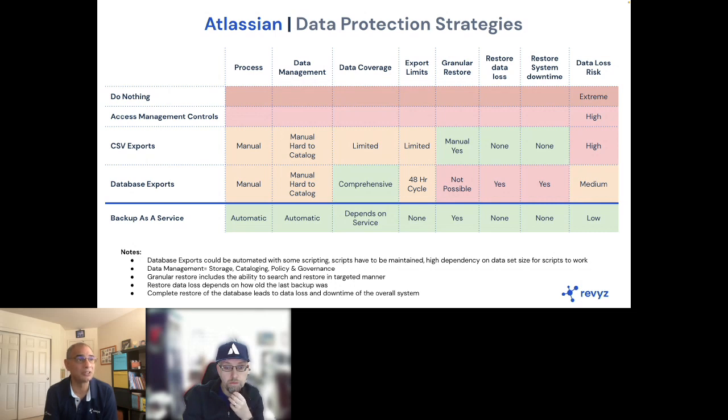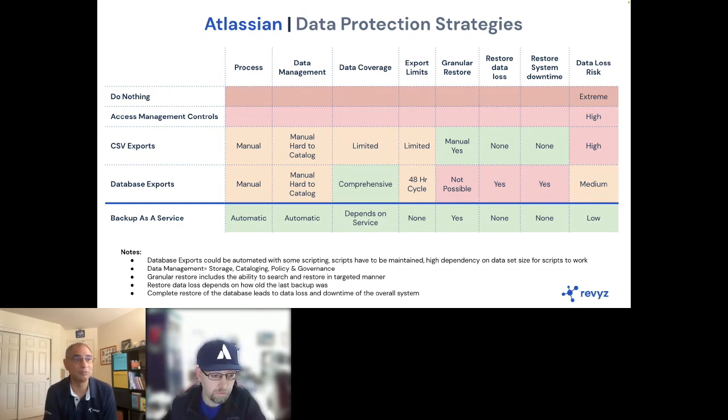Typically, with backup as a service, there are no export limits, meaning no limitation such as only being able to back up every 48 hours or every 24 hours. You should be able to do it whenever you choose to.